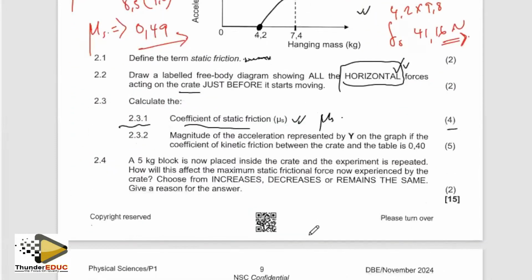Okay, then 2.3.2, they want us to get the magnitude of the acceleration represented by y on the graph, if the coefficient of kinetic friction between the crate and the table is 0.4. So I'll say that my mu k is 0.4.